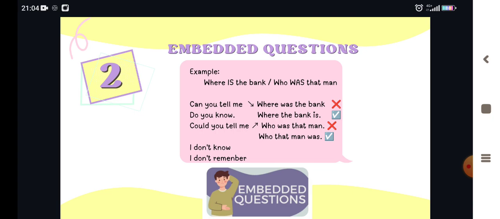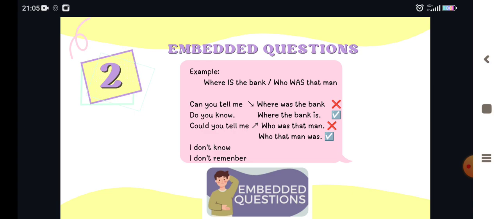This is the correct one. So another use of embedded questions is to give additional information. In this case, we use the noun clause and if and whether. For example, I don't know if he will call me, or I don't remember whether he will call me.